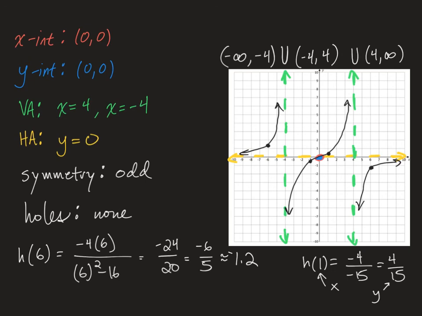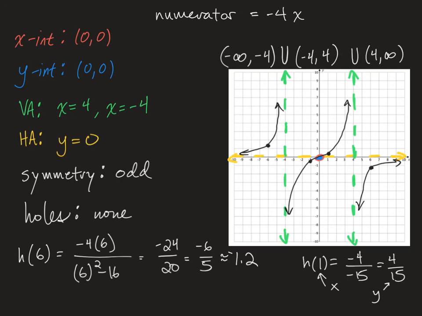If you go back and look just at the numerator, we're going to bring back some math that you've seen relatively recently. The numerator is negative 4 times x. There we go.